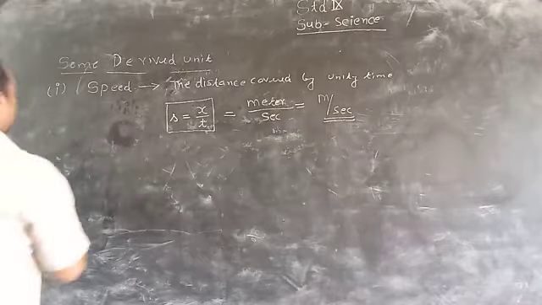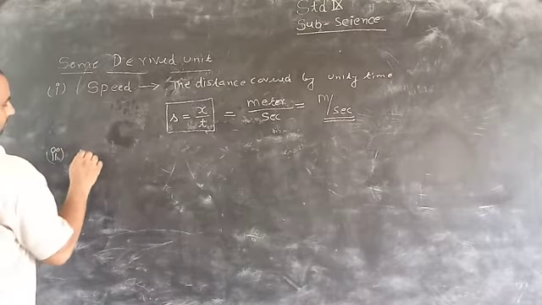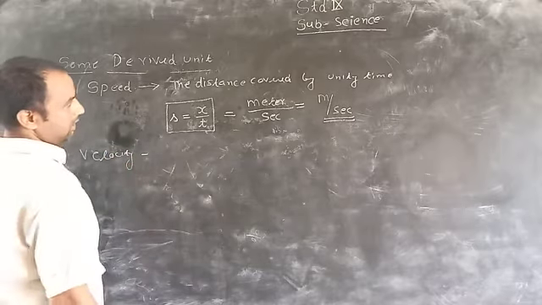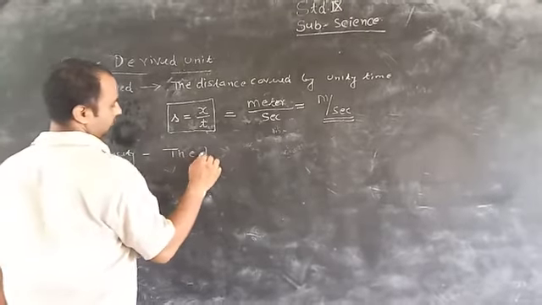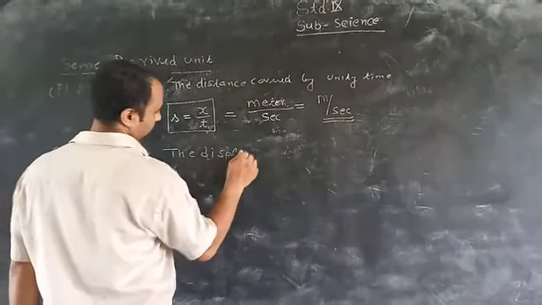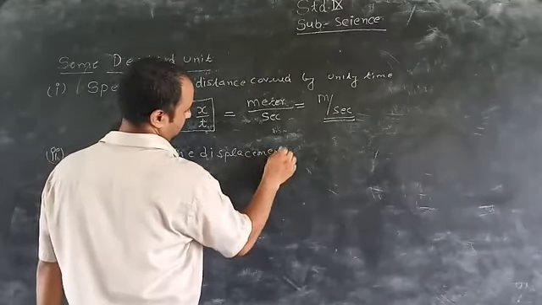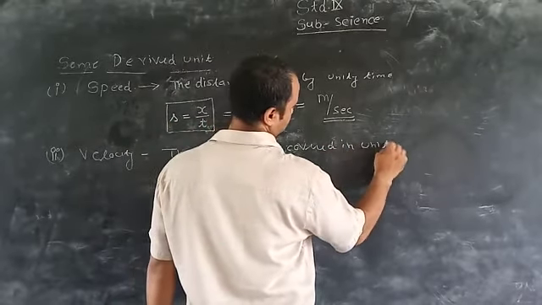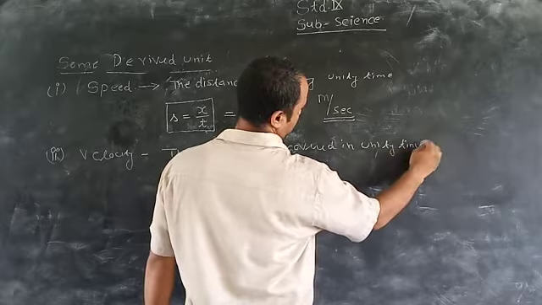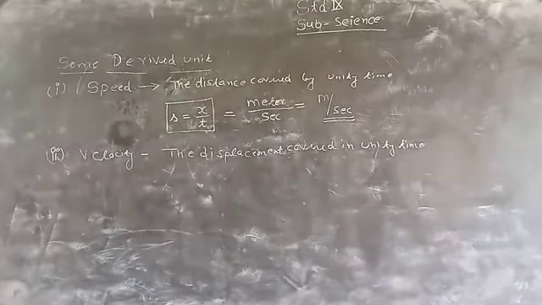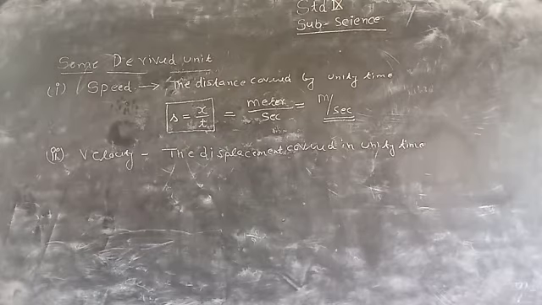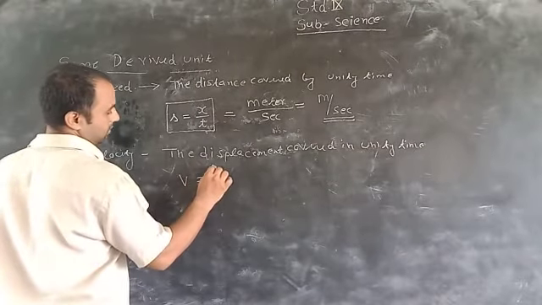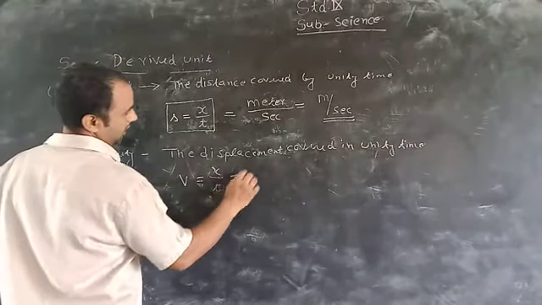Then second, we have to see velocity. Velocity means the displacement covered in unit time. How much displacement is covered in unit time is known as velocity. It is represented by v, and v equals displacement upon time, x upon t, where x is displacement.